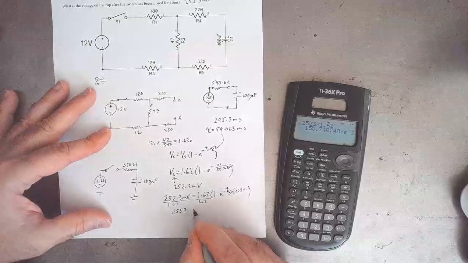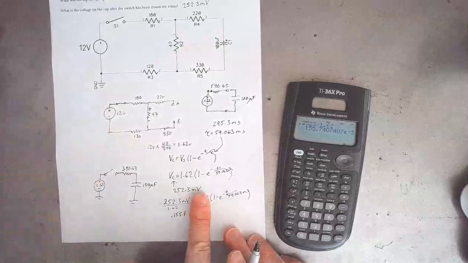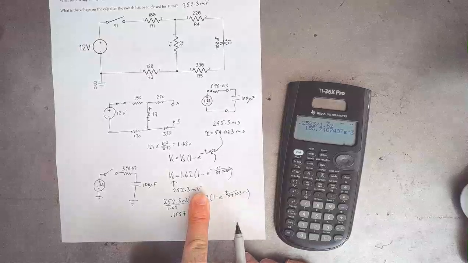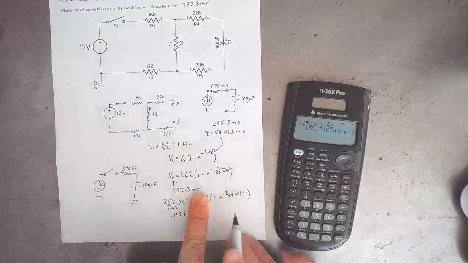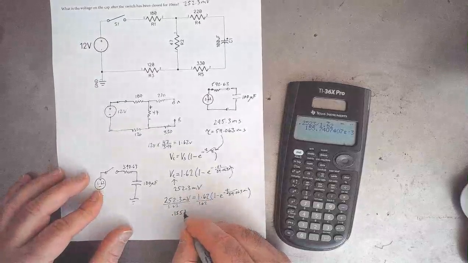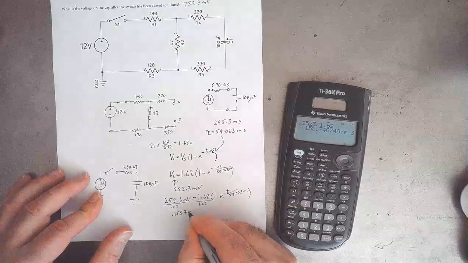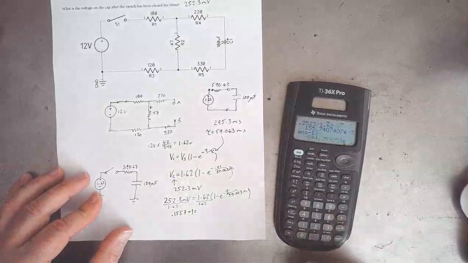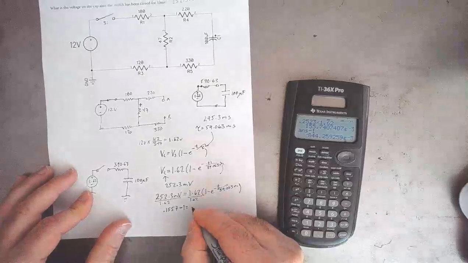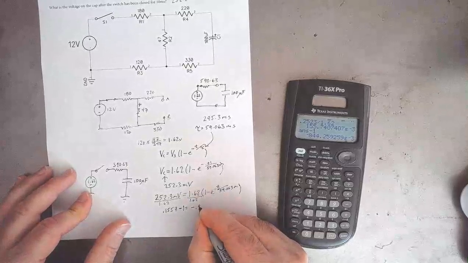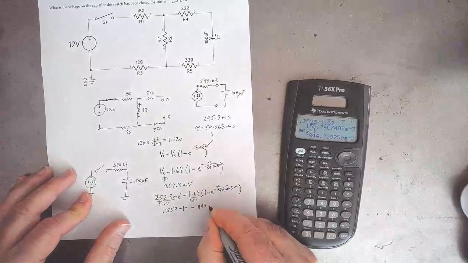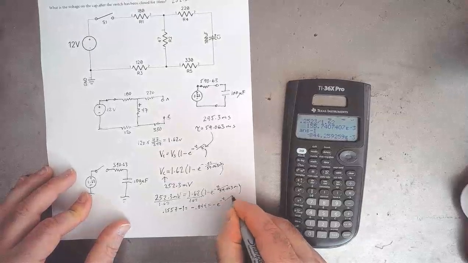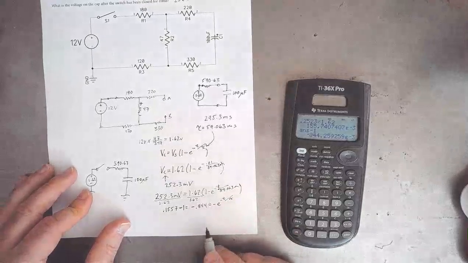All right. And that leaves us with 1 minus e to the negative t over tau right there. So let's bring the 1 over to the other side. So we're going to say this minus 1 equals negative 0.844 equals minus e to the negative t over, I'm just going to write tau right there.